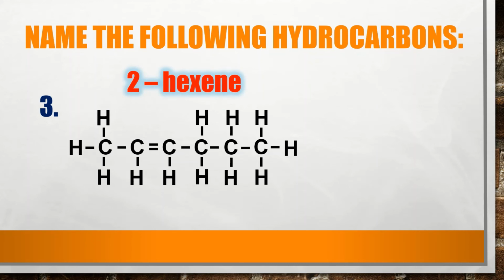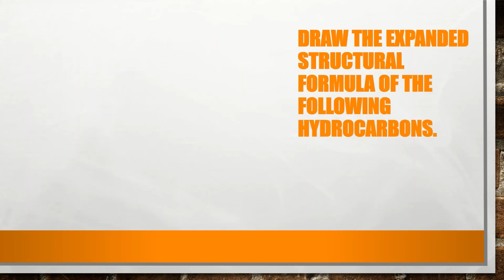Now, let's try to draw the expanded structural formula of the following hydrocarbons. Number 1 is 2,3,4,5,6,7-hexamethyloctane. Are you done? Let's see if you are correct.